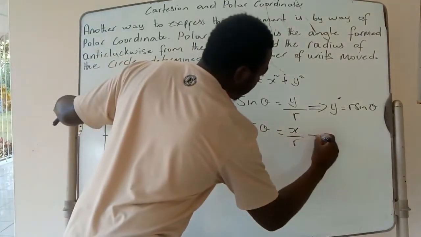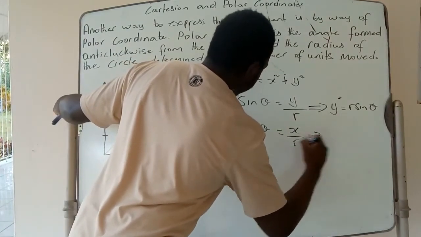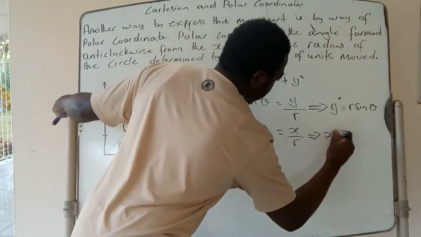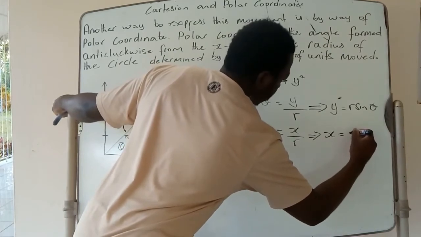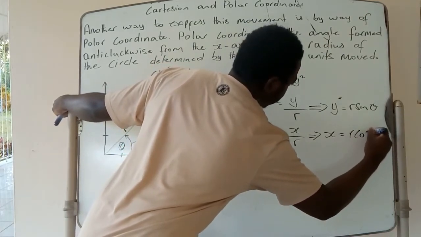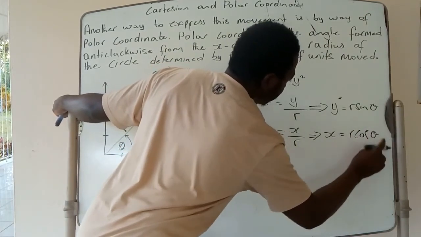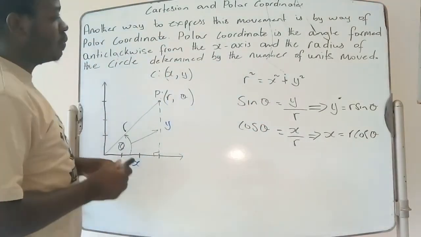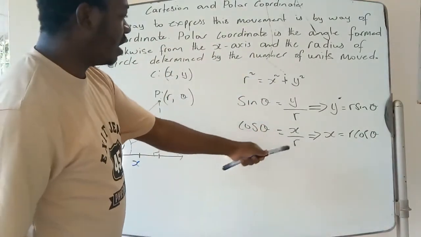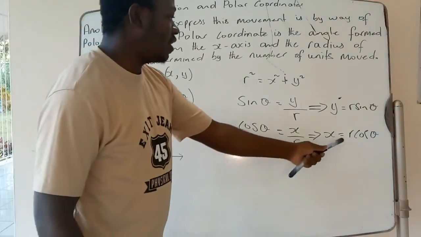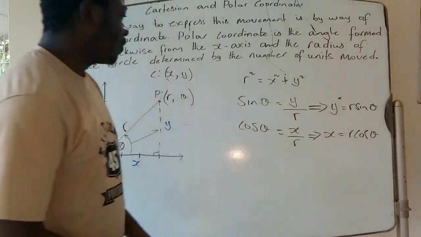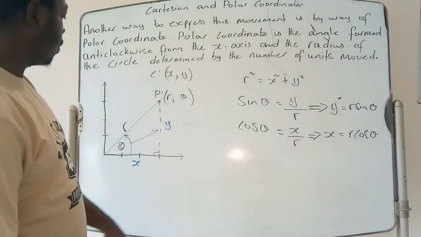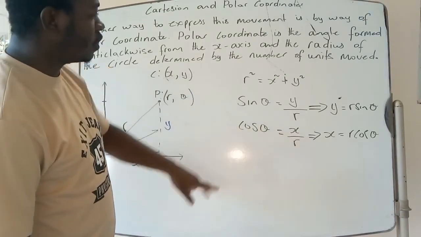This also implies that x is equal to r cos of the angle, which is theta. Because if you multiply both sides by r, then x is equal to r cos theta. Right? So we're getting lots of relationships, right?